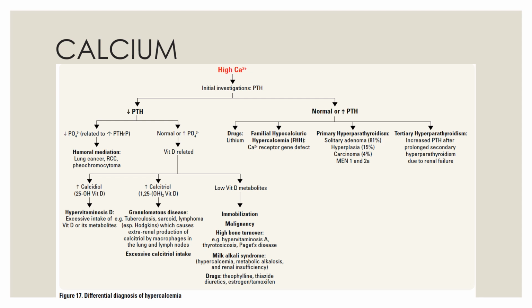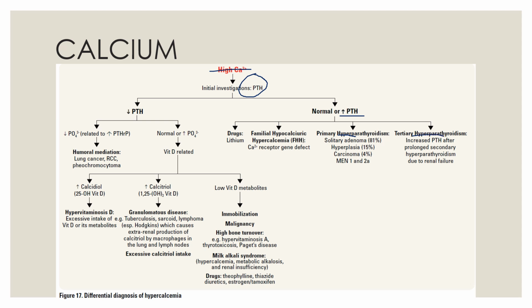You know what happens when there is high calcium? In high calcium, the initial investigation should be parathormone, so you can identify if it is primary hyperparathyroidism or not. If PTH is raised, it can be primary hyperparathyroidism, which can be a solitary adenoma, hyperplasia, carcinoma, or in MEN1 and MEN2 syndromes.